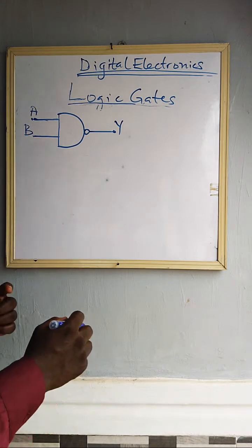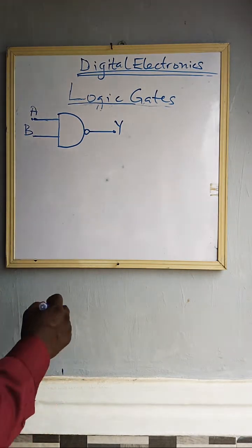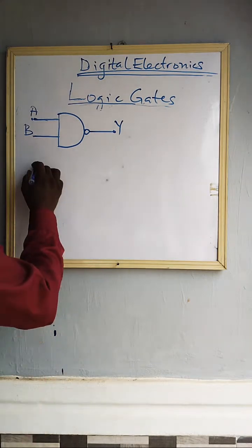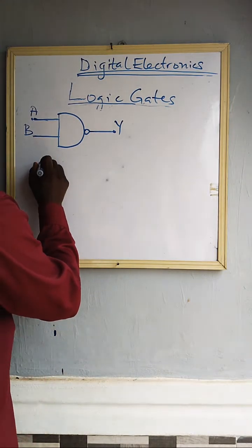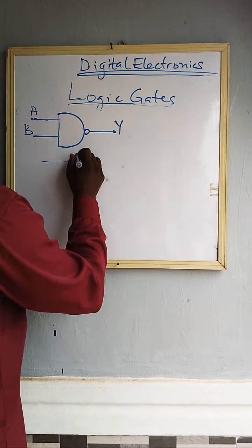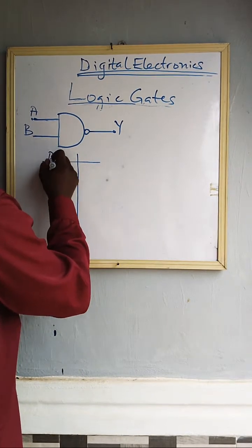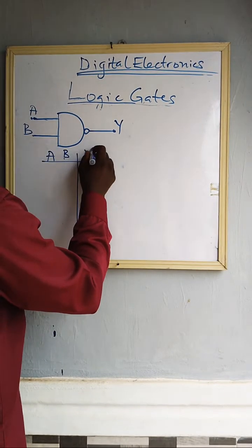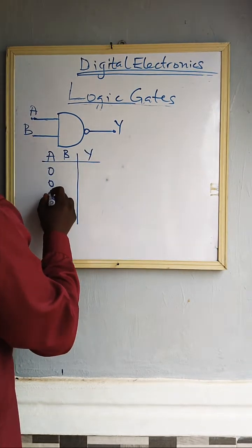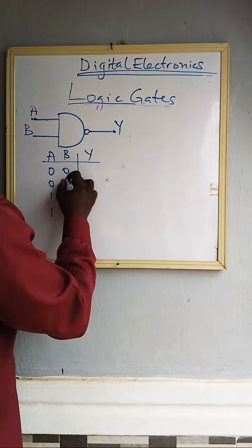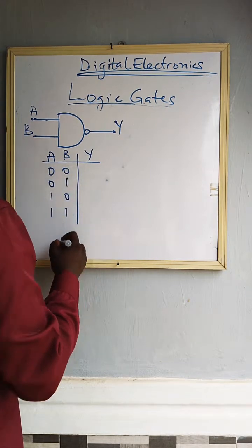So let's now look at how the truth table looks. A, B, Y: 0, 0, 1, 1 and 0, 1, 0, 1.